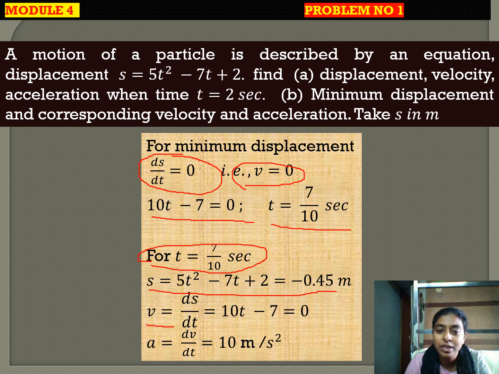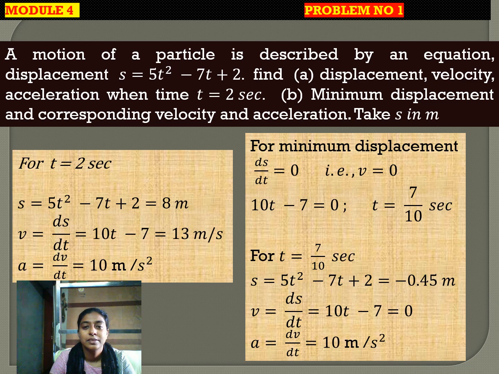Velocity is equal to ds by dt, so substituting, we get it as 0. And acceleration is dv by dt, it is 10 meter per second square. So, putting both part A and part B together, that's all for problem 1. We will go for problem 2.